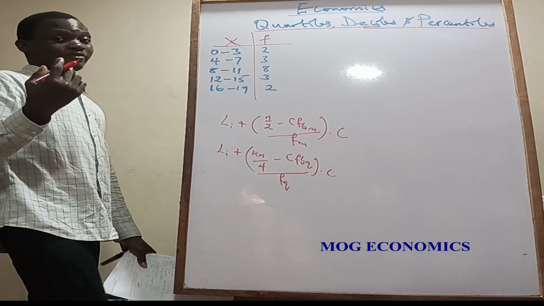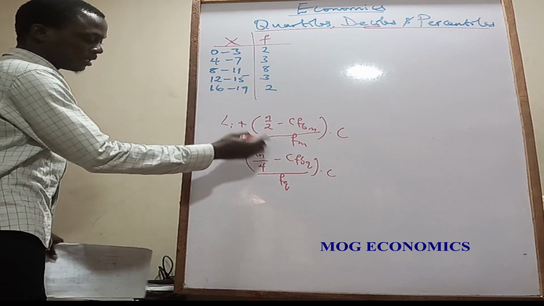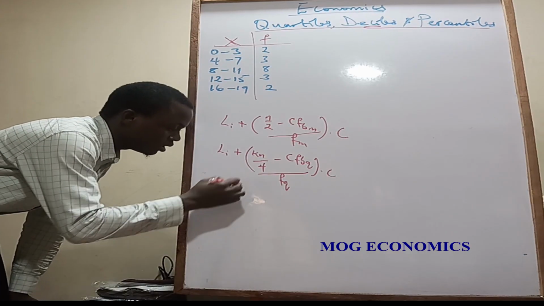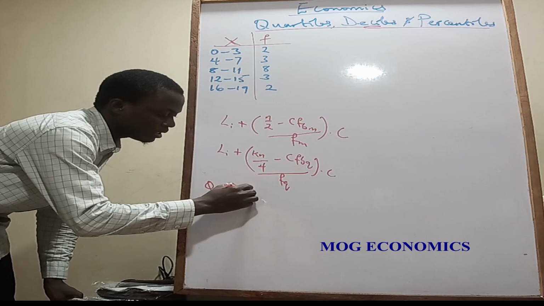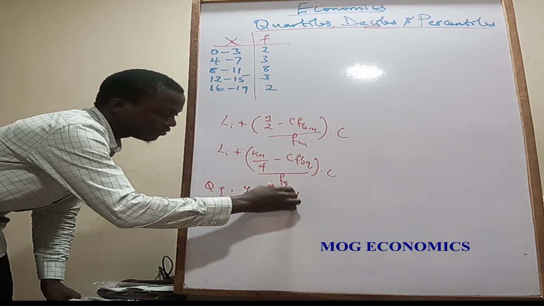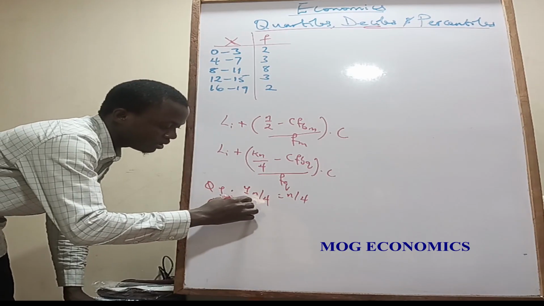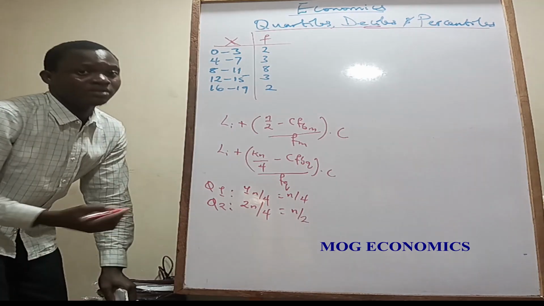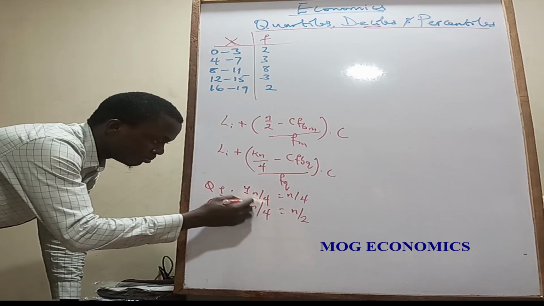So if you're looking at the first quartile, for example, then k is 1, so you'll be having 1n over 4, which is same as n over 4. Same is true for the second quartile, that'll be 2n over 4, which is same as n over 2. So in some textbooks, you just see n over 2 for the second quartile, this is how it was gotten: 2 here, 2 here.